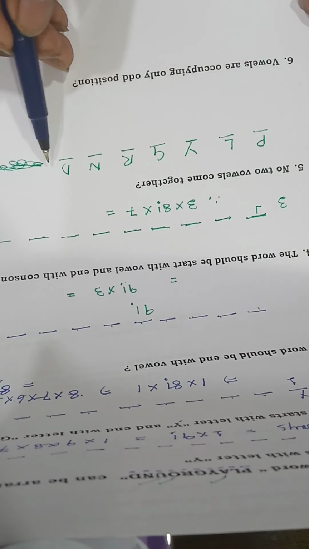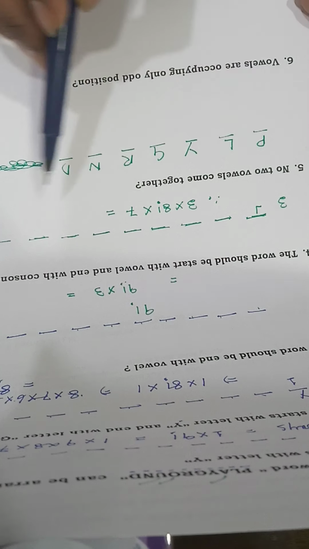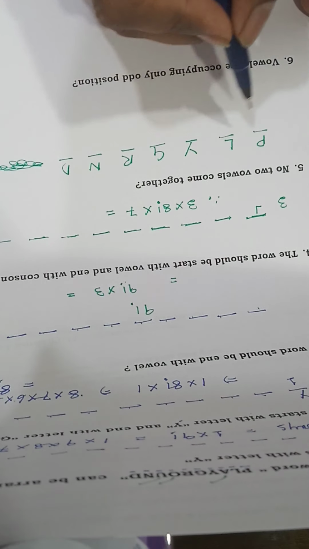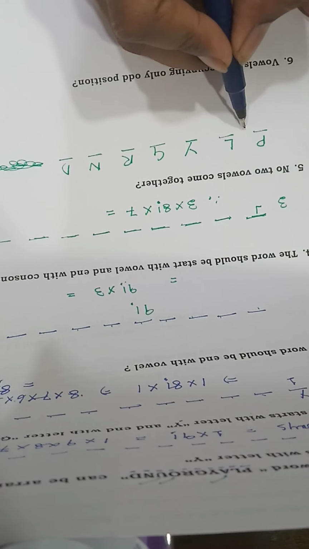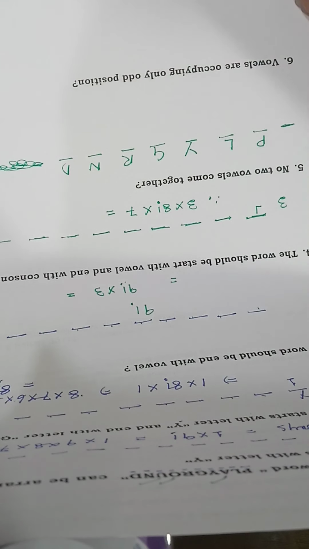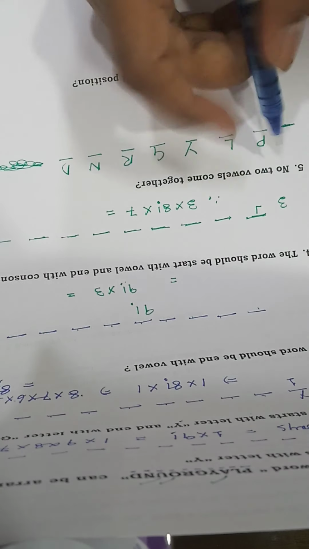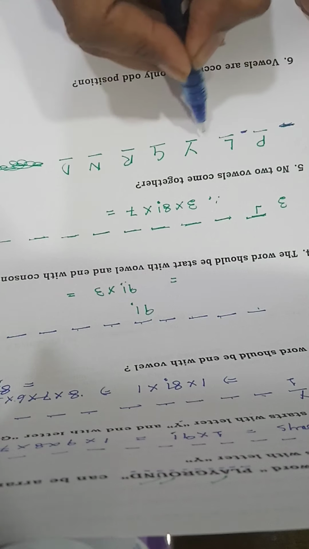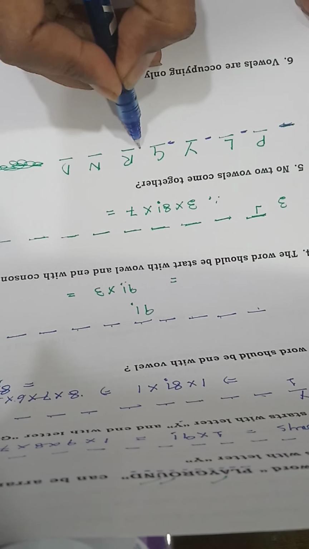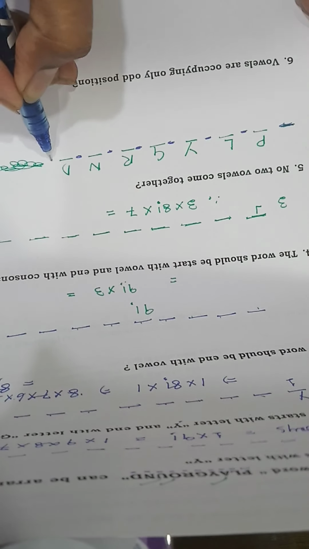Here 7 consonants are there and vowels do not come together. So you can put the vowels in the places before P. We can say the vowel can be put here, here, here, here, here, here, here and here.